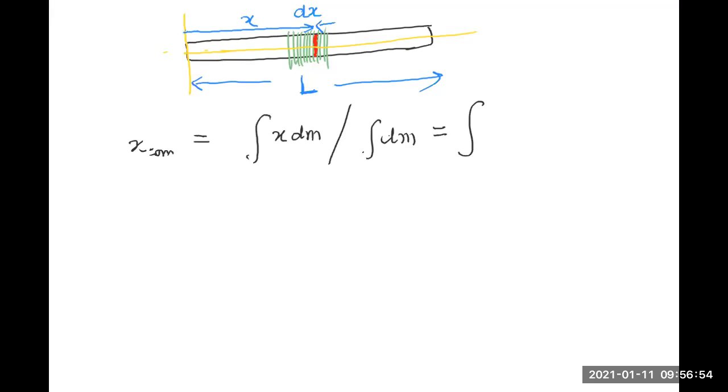I've drawn the red guy थोड़ा सा elongated just for visual representation. Otherwise, this is a thin rod, and therefore the red guy is really a point particle. Yeah. So the x coordinate of the point particle, which is x in this case, multiplied by the mass of the point particle, multiplied by dm.